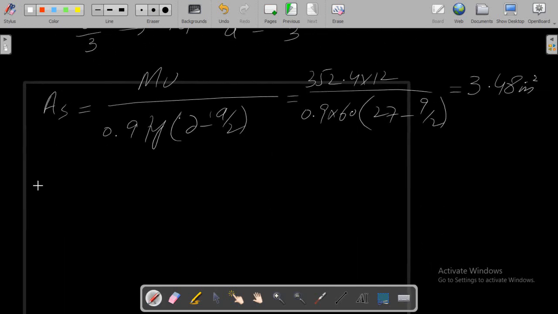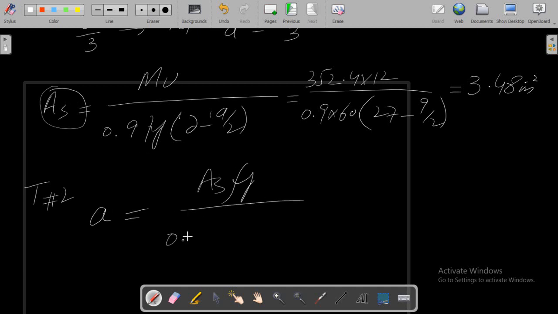Now we will check the assumed a value. Let's say this is trial number 2. Now we will calculate the a value by using this area of steel: a equals area of steel times Fy divided by 0.85 Fc prime into b. We know all values: As is 3.48, Fy is 60, Fc prime is 3 ksi, and b is 12 inches. If you use your calculator, we get 6.82.